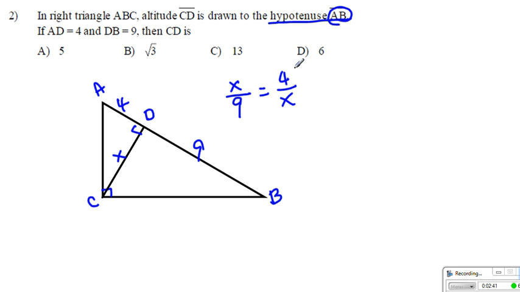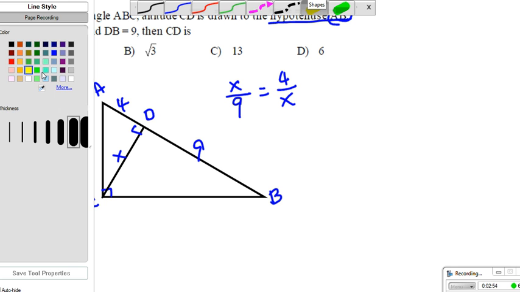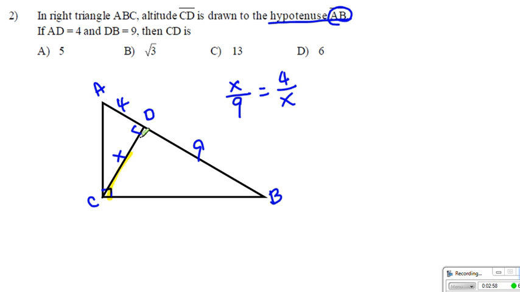Now, another way for you to do this one is something called the smiley face. That's something that I just called it. For example, here we have that one side, hypotenuse times leg times leg. This side is equal to one part of the leg times the other part of the leg.